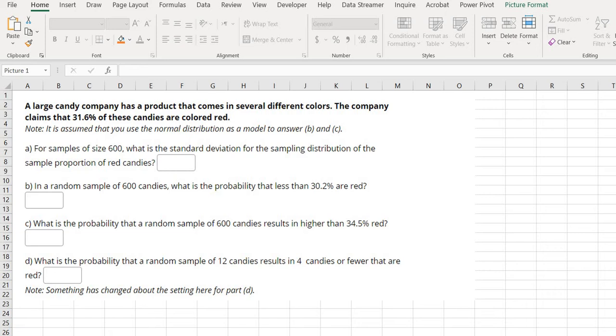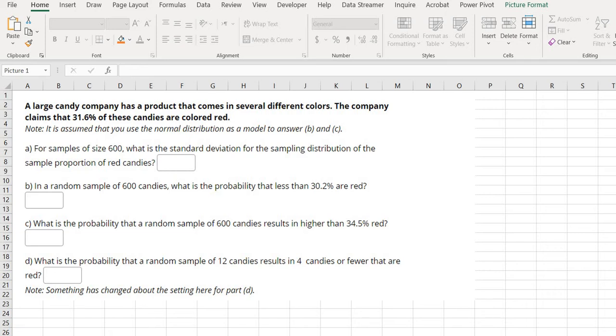And then what is the probability that a random sample of 600 candies results in higher than 34.5% red candies? So to answer the first three parts of the question, we notice that the sample size is big. So you can assume that the distribution of sample proportion is going to be normal.